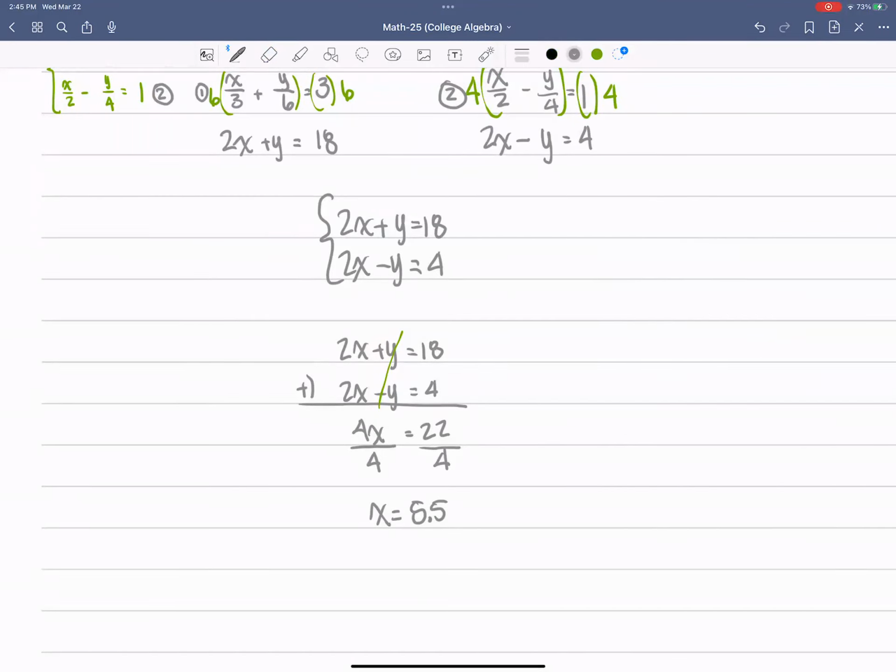We could choose whichever one. Let's start with this equation here. 2x plus y equals 18. We just found out that x was 5.5. So 2 times 5.5 plus y equals 18.